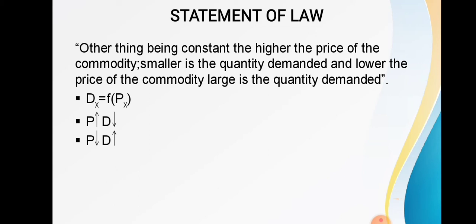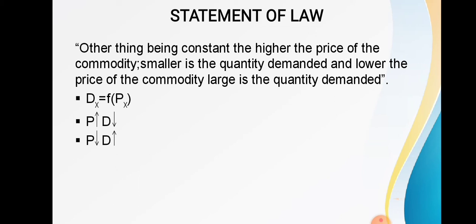So we can express it as Dx = f(Px), where Dx is the demand of the commodity, f is the functional relationship, and Px is the price of the commodity. This law basically says that when the price increases, the demand for the commodity decreases, and when the price of the commodity decreases, the demand for the commodity increases.